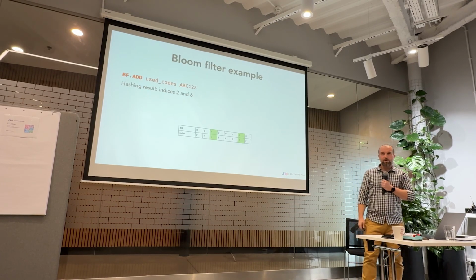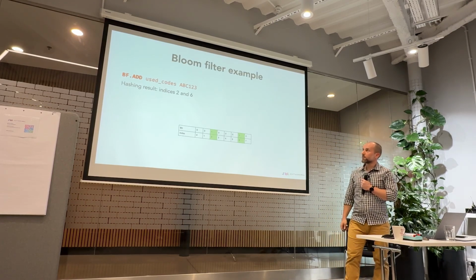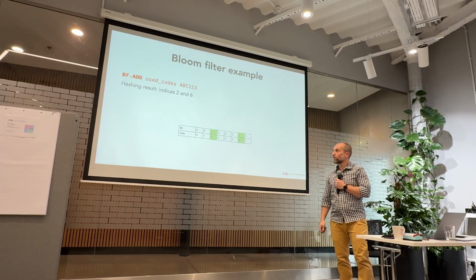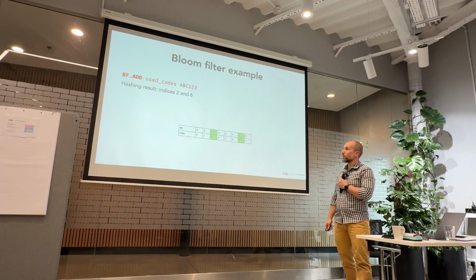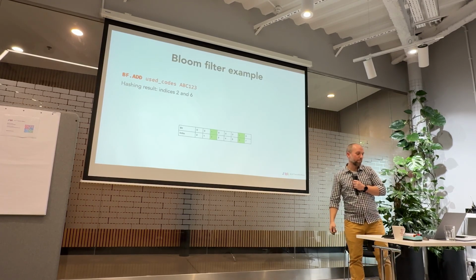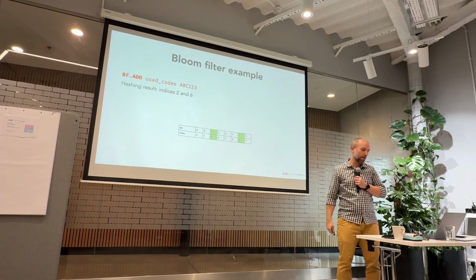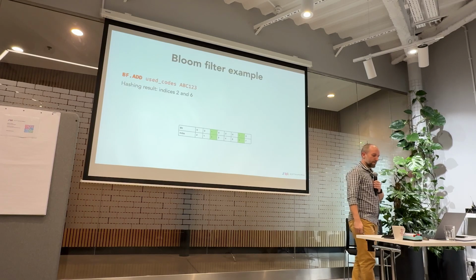And then when we try to add the code, for example, ABC123, let's say that the hashing result for ABC123 gives us the indices 2 and 6. So we flip the bits on 2 and 6, we set them to 1. It's like the third cell, because we are, again, counting from zero, as normal people do.